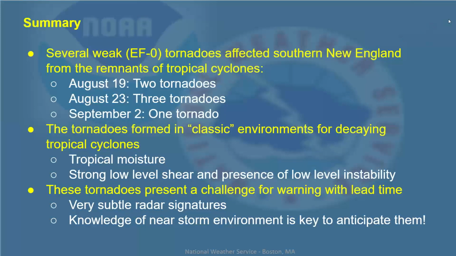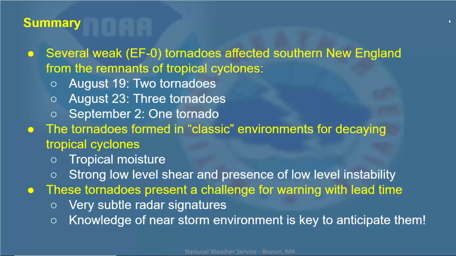So in summary, it felt like an endless summer of tropical storms and tornadoes, and we do empathize. There were several weak, all EF0 tornadoes. Thankfully, no injuries or fatalities from the remnants of tropical storms Fred, Henri, and Ida.